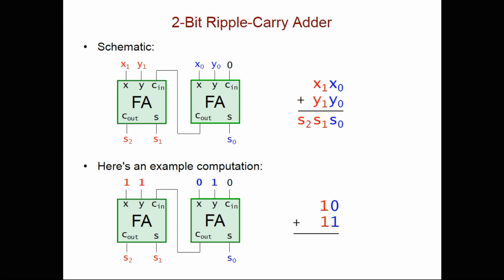Here it is another example of 2-bit ripple carry adder. I encourage you guys to pause the video and make sure you understand it.